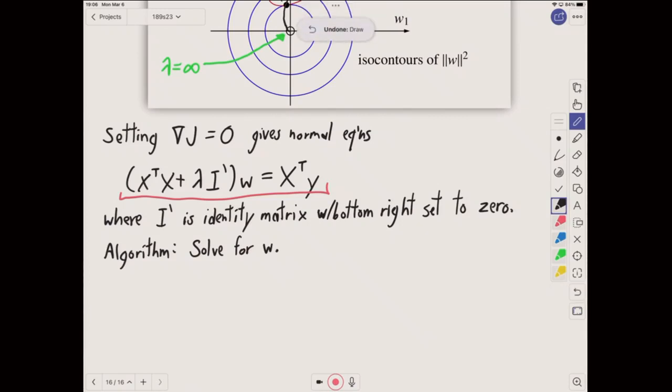And once you've solved for W, then the regression function that you can use to estimate the hypothesis on future points is just W transpose times Z. So that's really the algorithm. It's that simple.